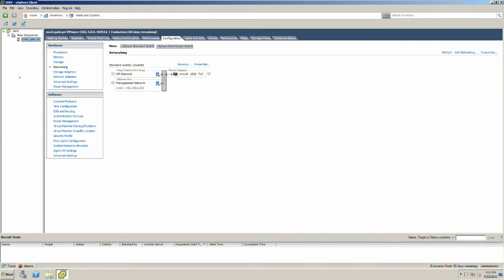So I have two connections for my production network and two for my storage network, one for my management network and one for the vMotion network. All of a sudden we have the network cards for all the networks it needs to support. These networks will be connected to the physical cards.